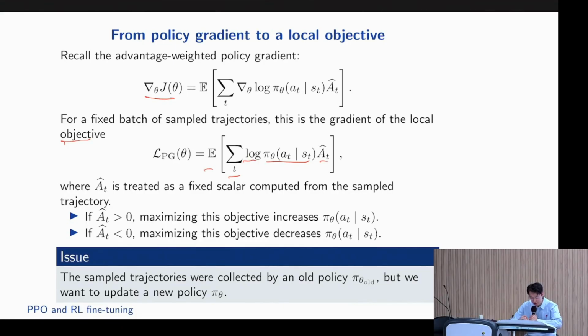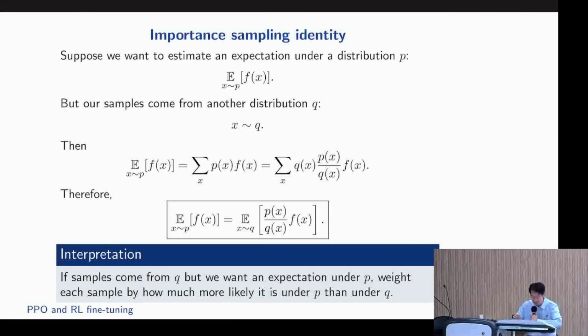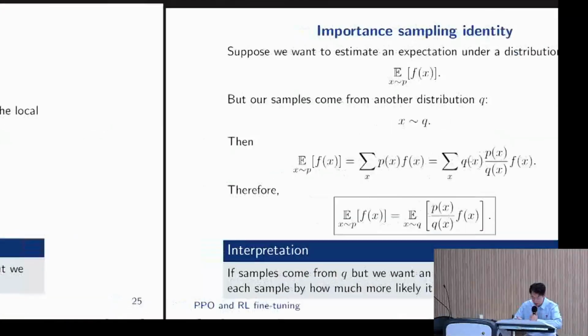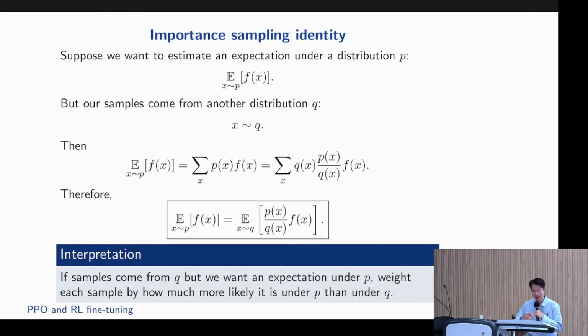But these sample trajectories were collected by the old policy, and we want to update the new policy pi theta from it. So let's look at it from the importance sampling point of view. We're sampling data from pi old, and we want to update it to pi new.